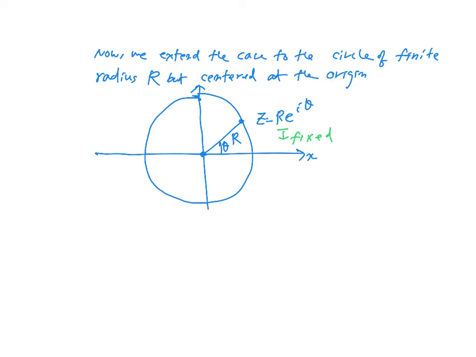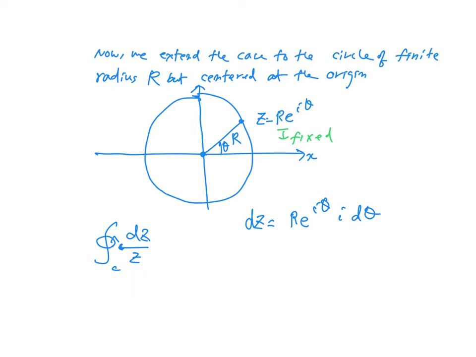What would be the result of this? Then the integral over c of dz over z is r exponential I theta, I d theta, right?